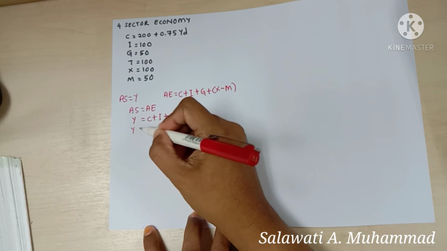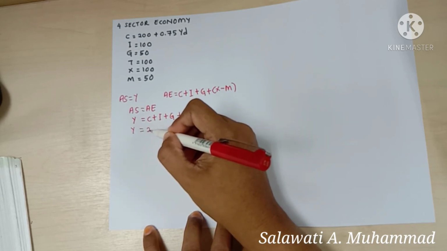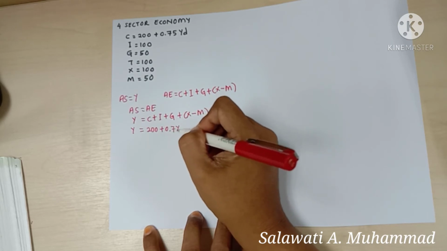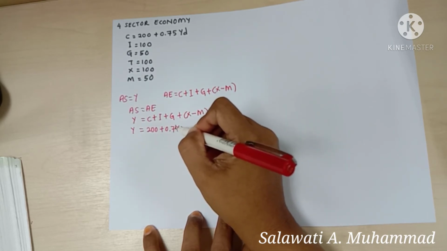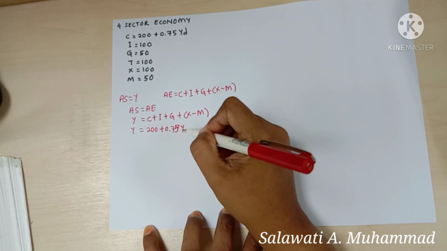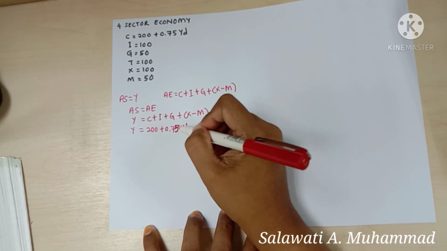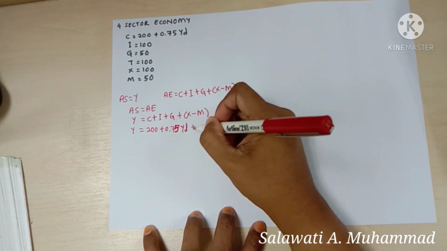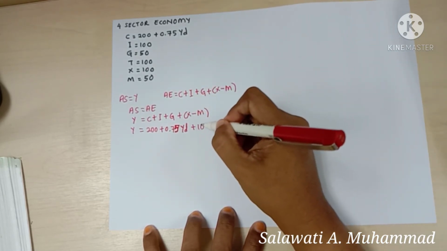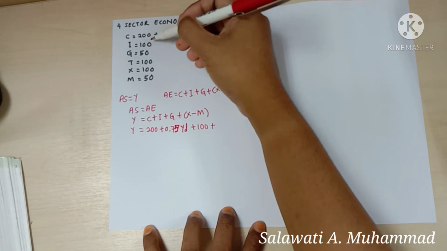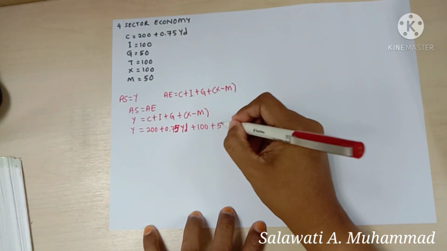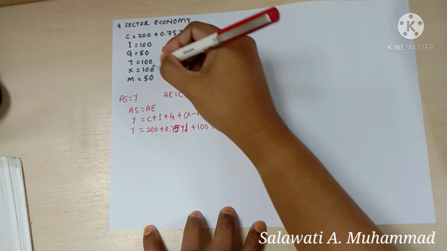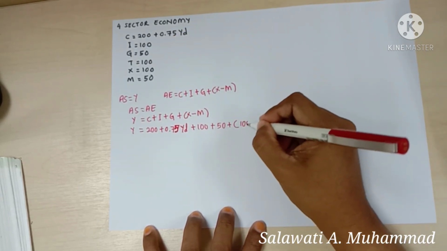So Y equal C is 200 plus 0.75 YD. This is C. I is 100 plus G. G is 50 plus X is 100.